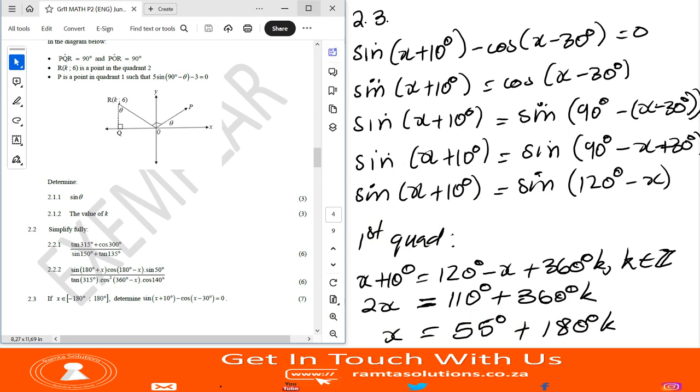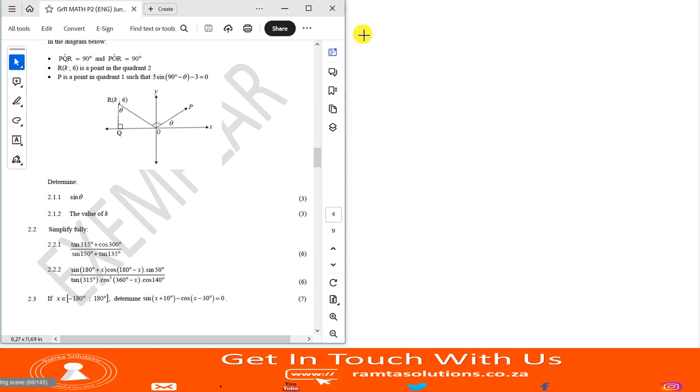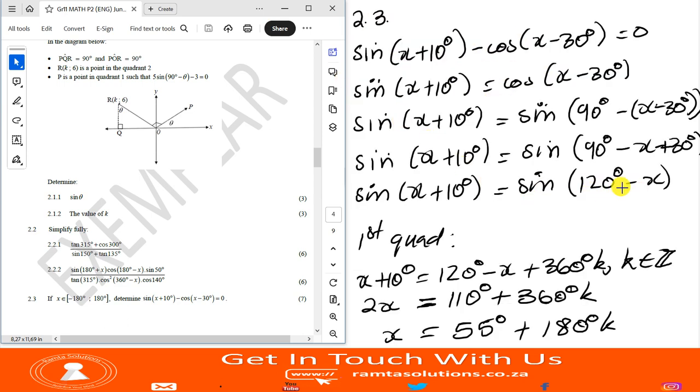Guys, I want you to hold it for now, okay? I'm going to show you something. Now, let's get to the second quadrant. This is where we say x plus 10 degrees is equal to 180 degrees minus our reference angle. What was it? It was 120 minus x.